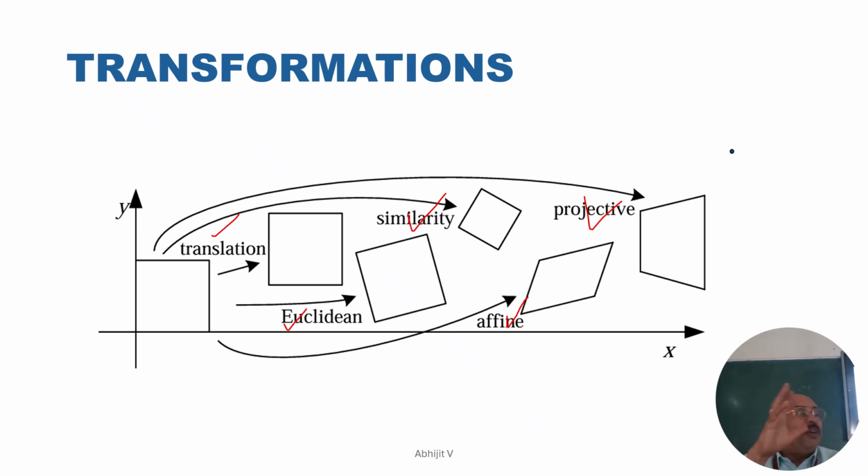Form means its shape. So you are changing its form from one type of image to the other. So these are the basic transformations that you need to study. Okay, the first one is translation, Euclidean, similarity, affine, and projective.